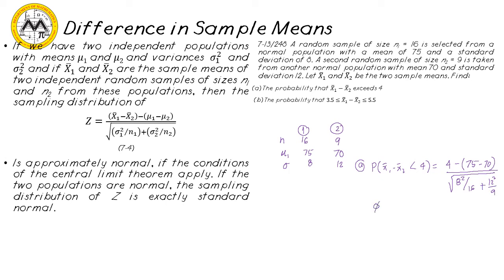So we have phi of, let's evaluate this. This is 4 minus 5, so that's negative 1 over the square root of 8 squared over 16 plus 12 squared over 9. So this is phi of negative 0.22, which is equal to 0.41294.